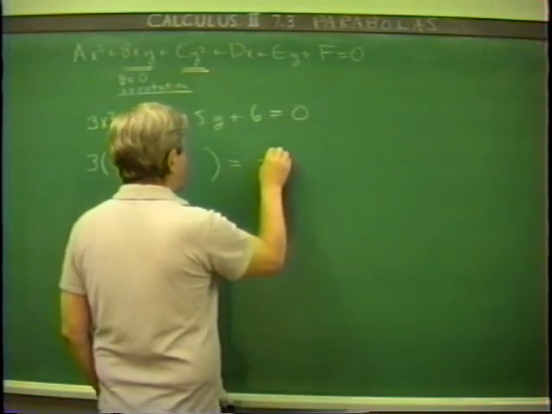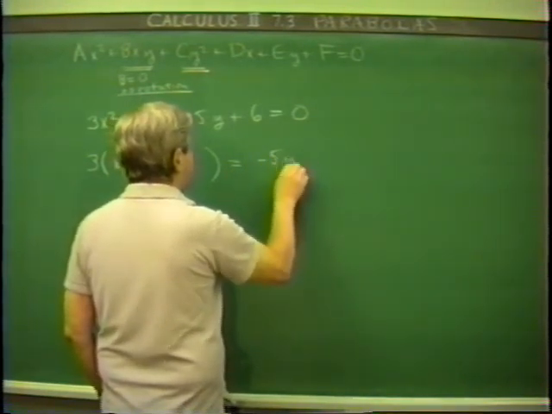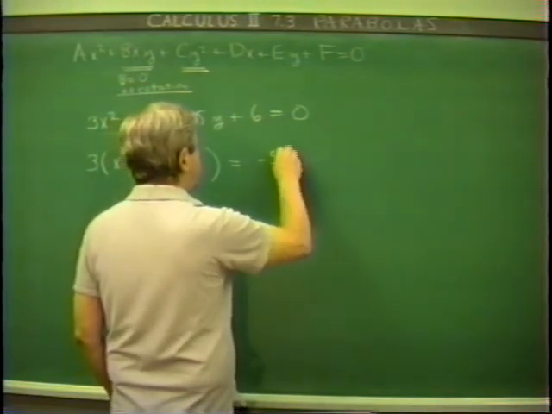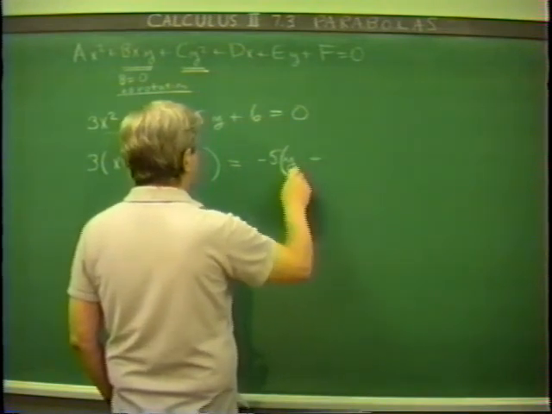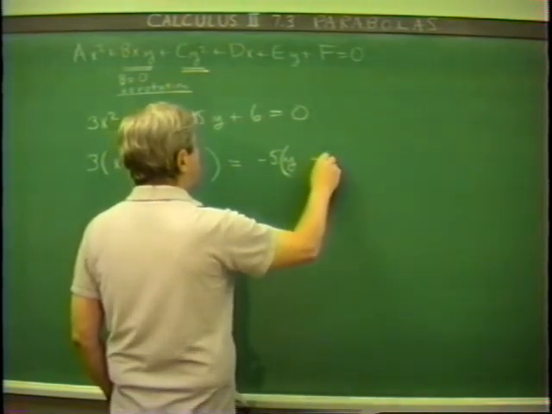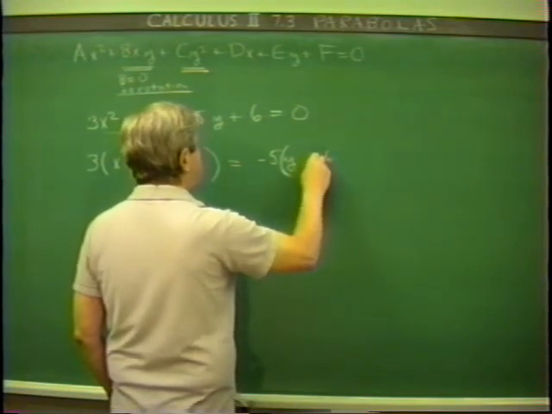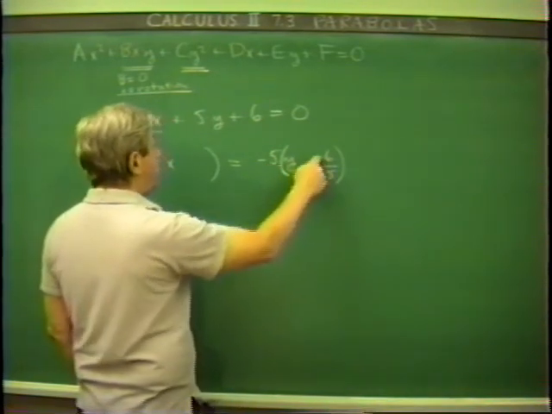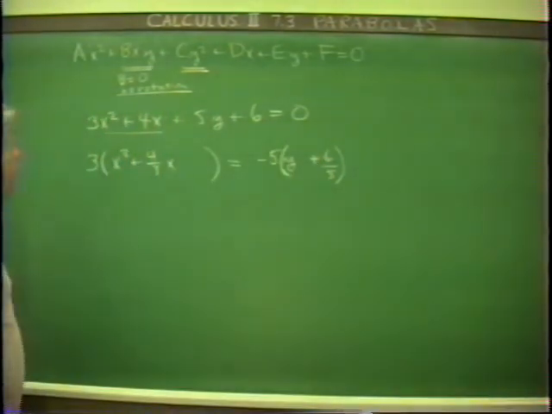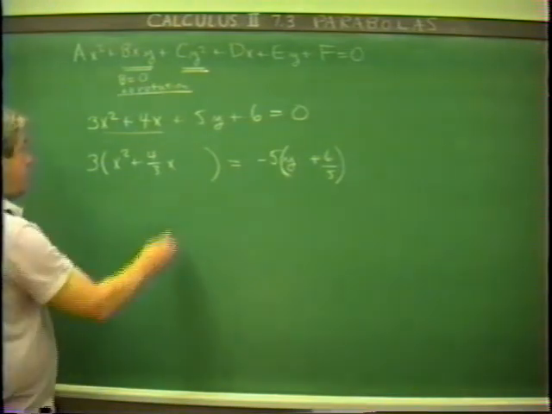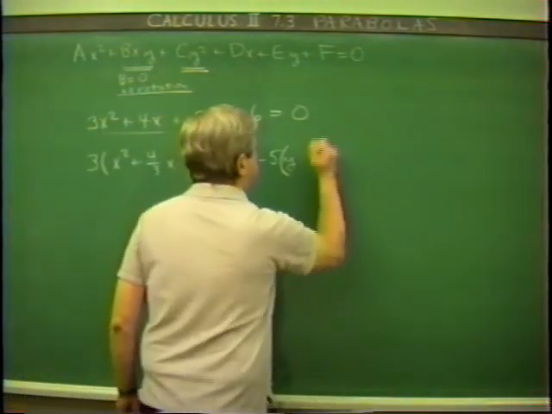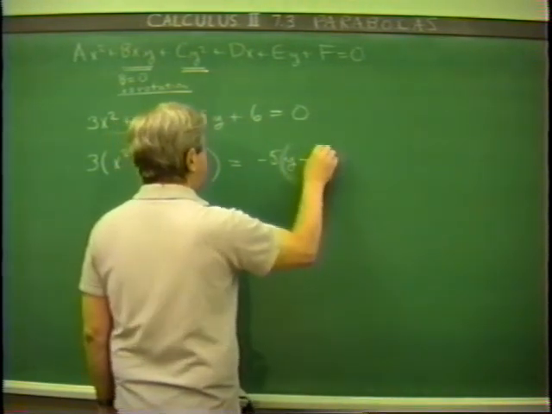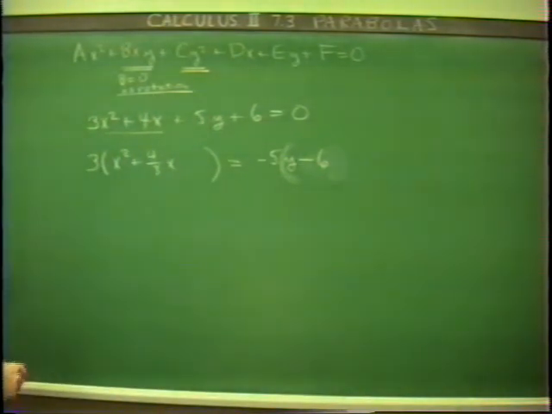This is going to be equal to minus 5y minus 6. Let's complete the square here.